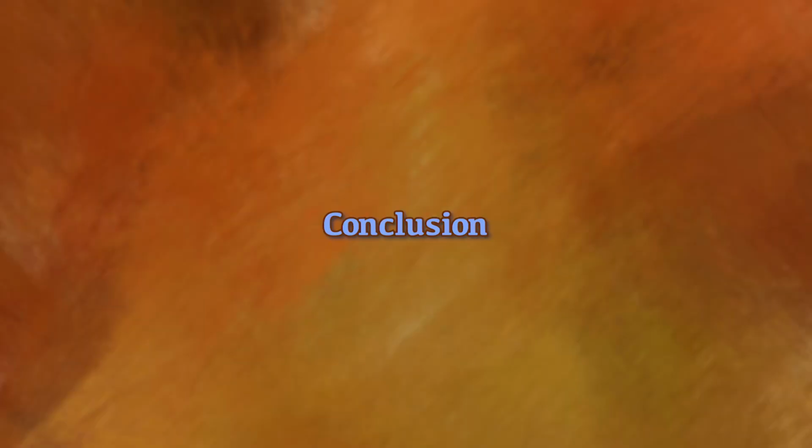Dear viewers, on the basis of the foregoing discussion, we may sum up that the Hindu Marriage Act 1955 under Section 5 lays down certain conditions for the performance of marriage under Hindu law. A violation of these conditions may lead to a marriage being void or voidable.